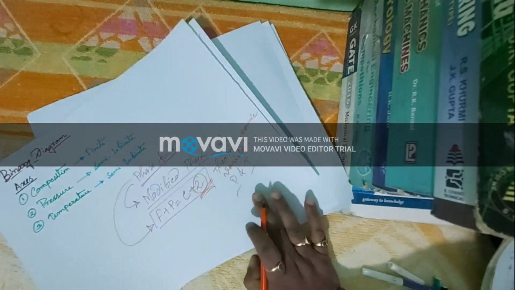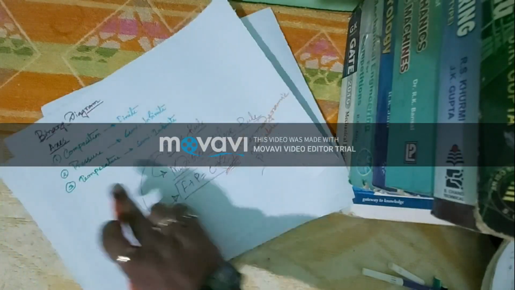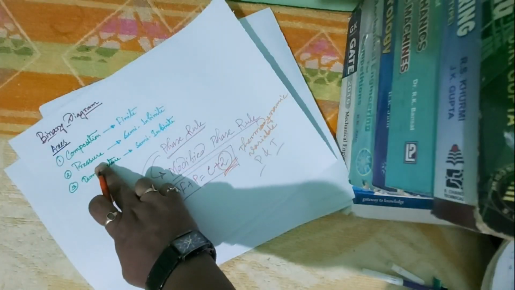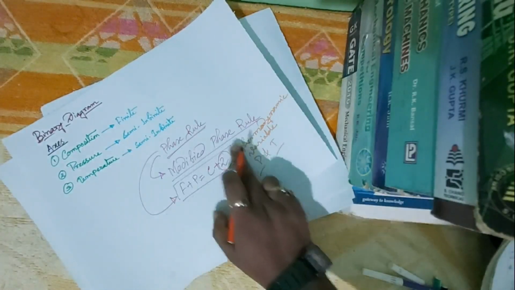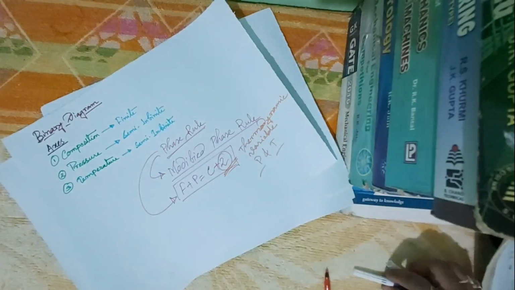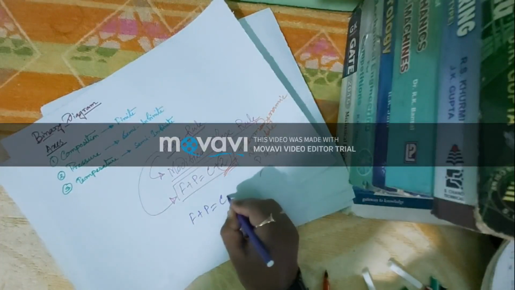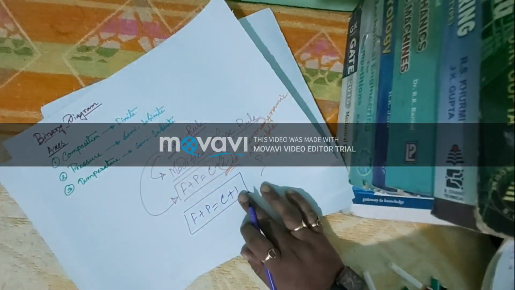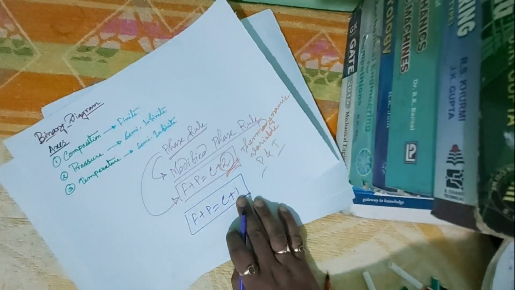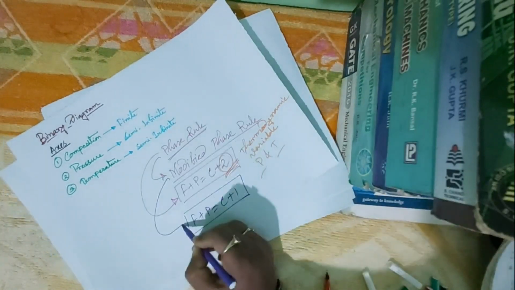But right now we have converted these two into one by fixing the pressure at 1 atmospheric pressure. So now we can rewrite this phase rule as F plus P is equal to C plus 1, as pressure is constant in this case. So this new phase rule is known as the modified phase rule.